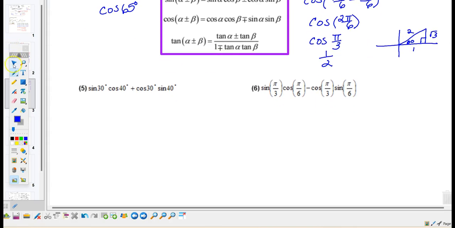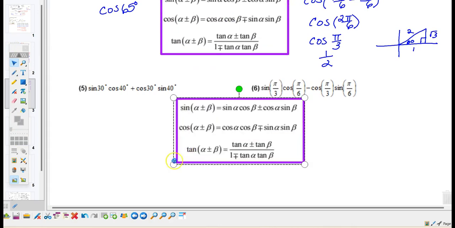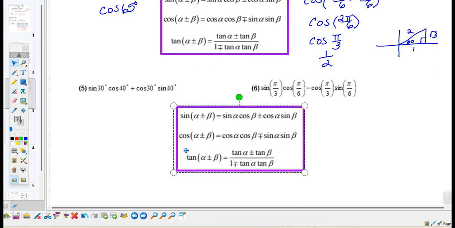All right, 2 more and then we'll start our homework. Pause the video here for number 5 and decide, are we going to use the sine, sum and difference, cosine? It's not tangent. With sine and then cosine, now we're in the sine sum or difference equation.